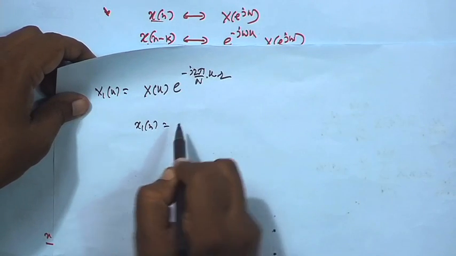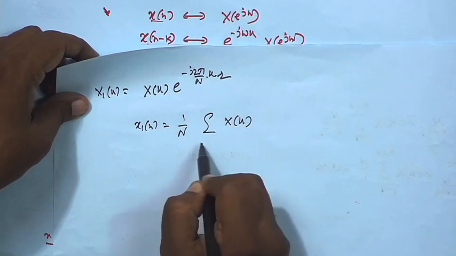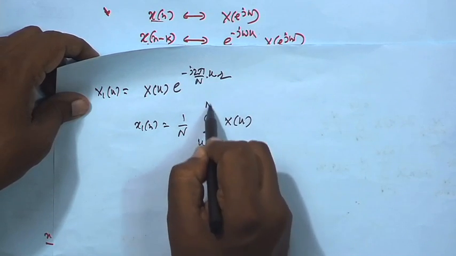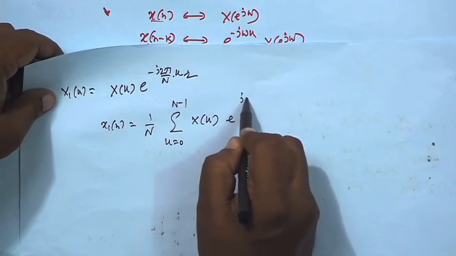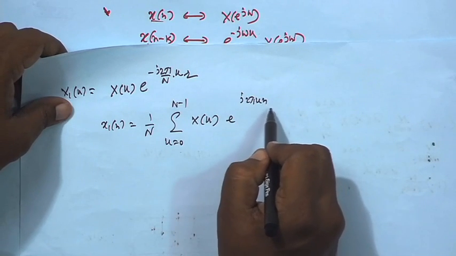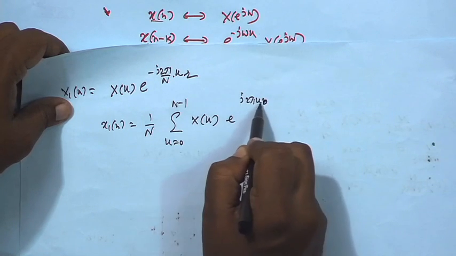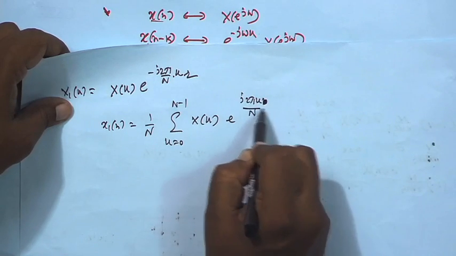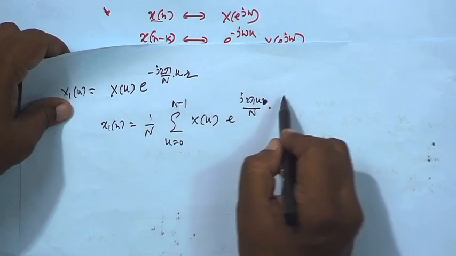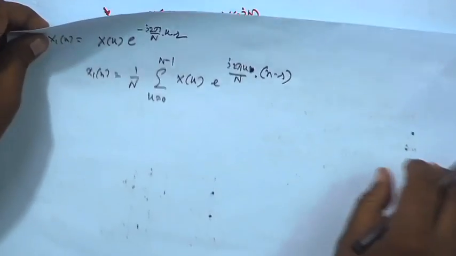X 1 n will be the inverse DFT of this, e to the power j 2 pi k by n into small n, and in this case minus r. So n minus r outside.